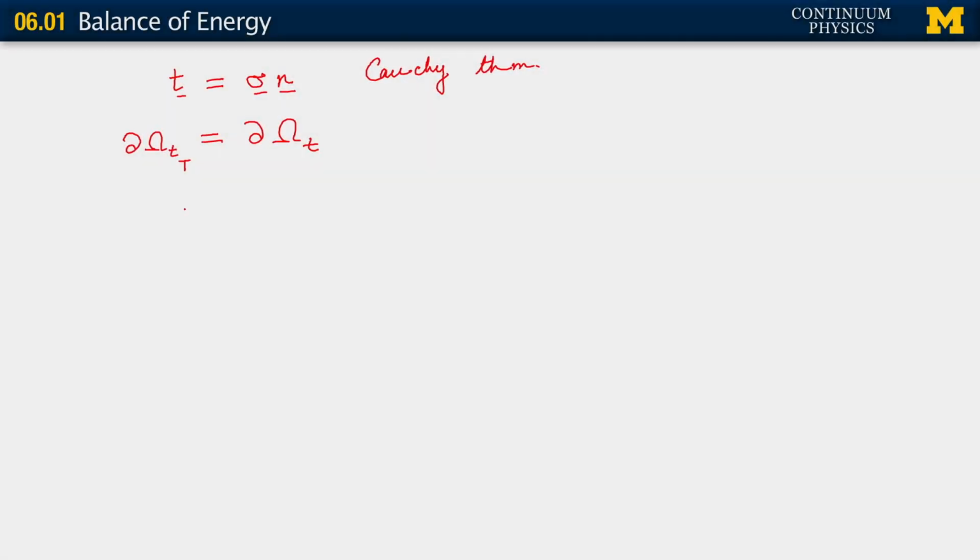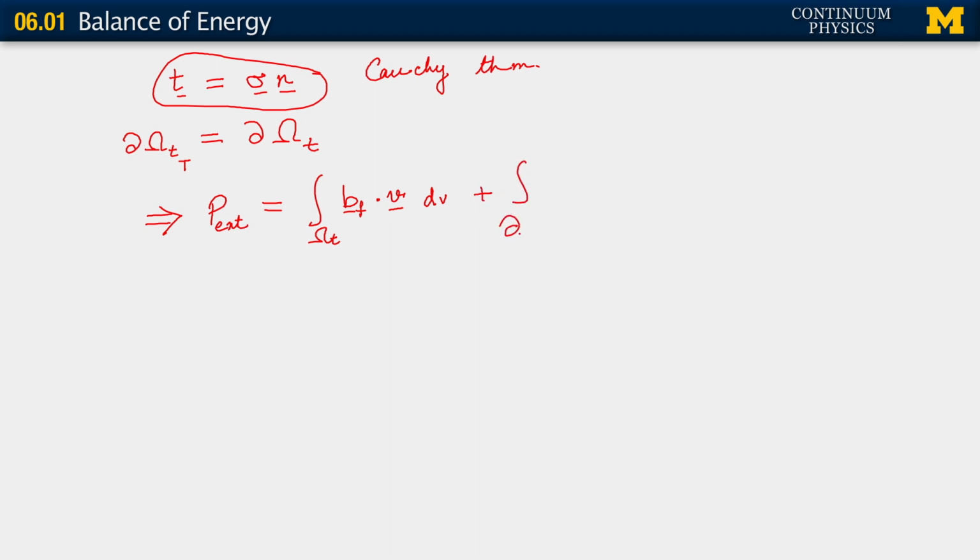All right. So what this lets us do, if we have this, and then we also combine it with the fact that the traction is related to the stress in that manner, what we have is that the external power is the body force dotted with the velocity dV plus now integral over the entire surface sigma n dotted with v dA. Okay? All right.